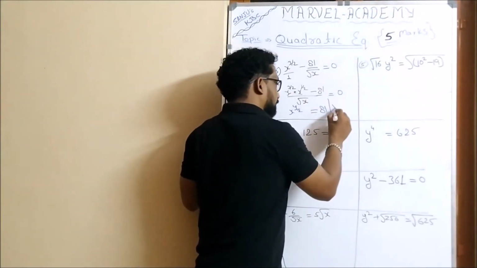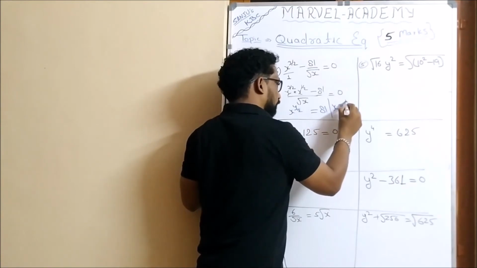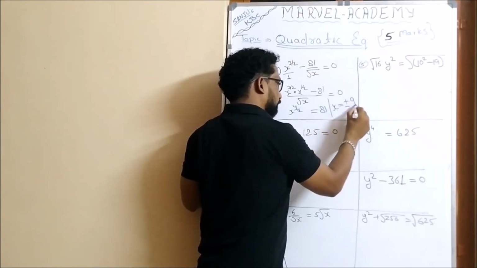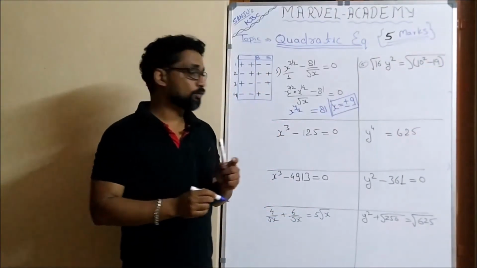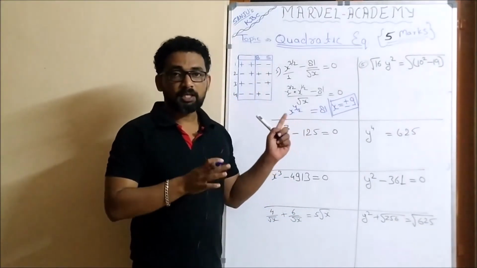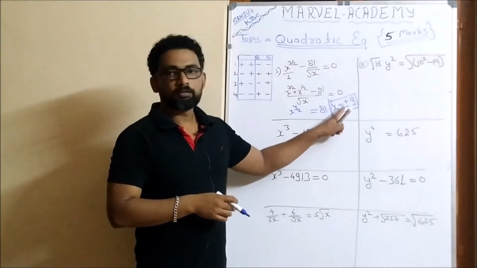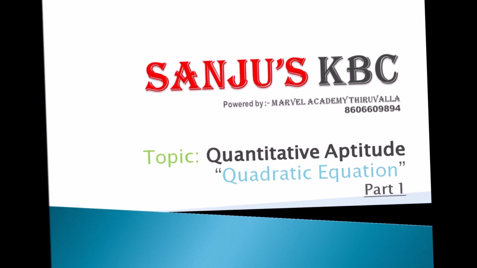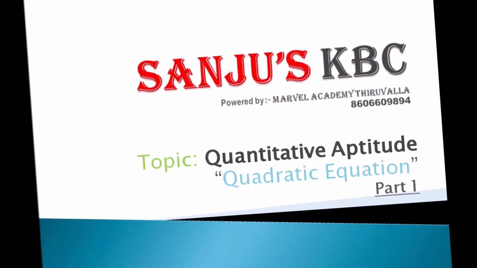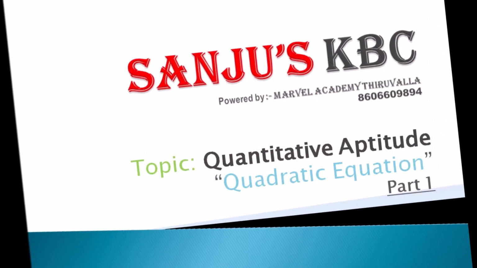So x will be positive and negative 9. As we discussed in a previous question, when the power is an even number, then there will be two kinds of factors, one negative and another positive.